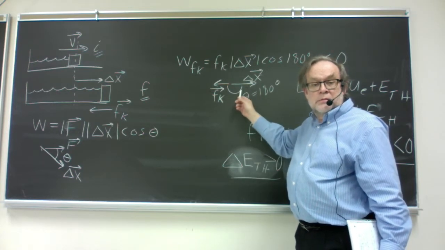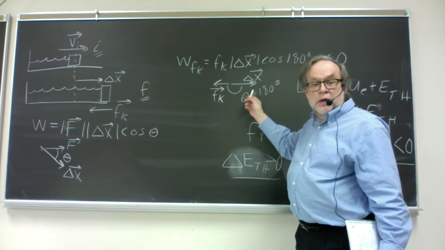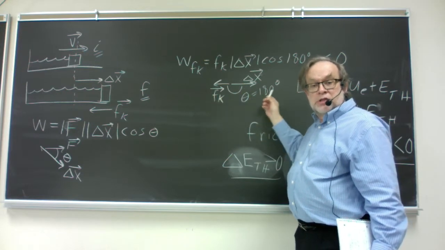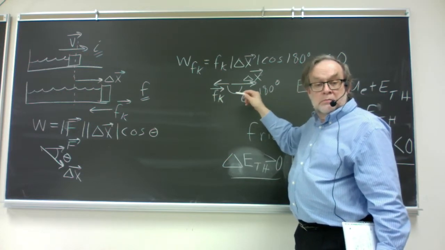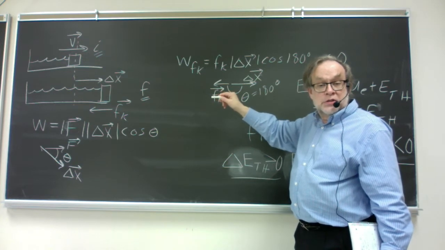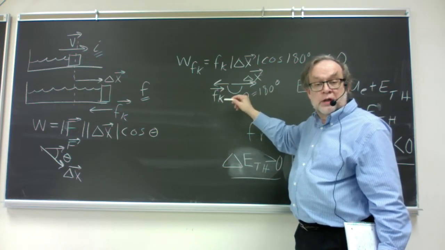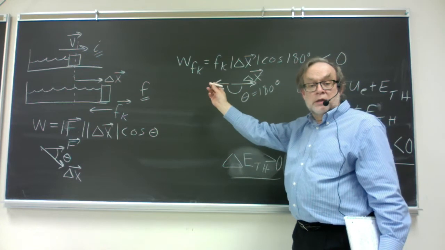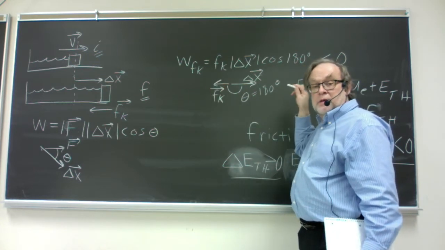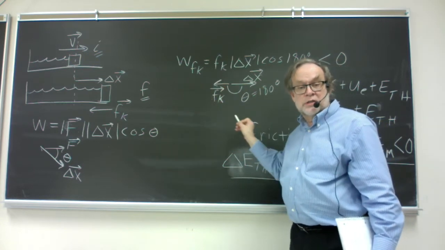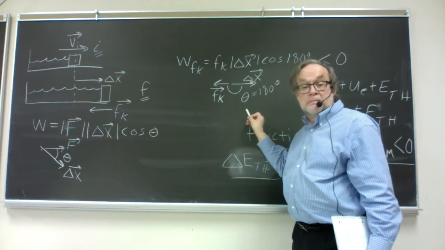Well, the mass is moving to the right. It has a displacement to the right, but friction always points opposite to the motion, so the friction points to the left. So the angle between the displacement direction and the force direction is 180 degrees.